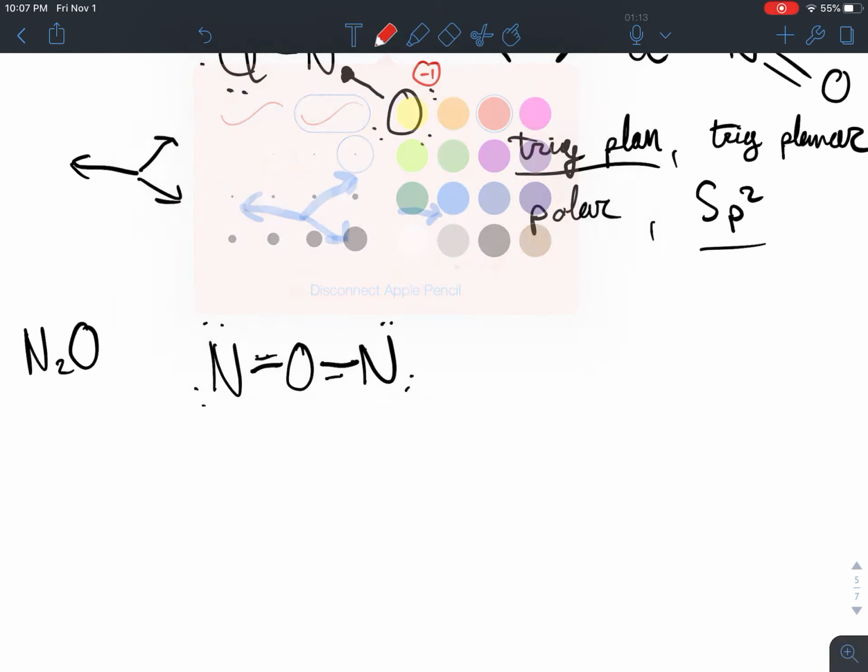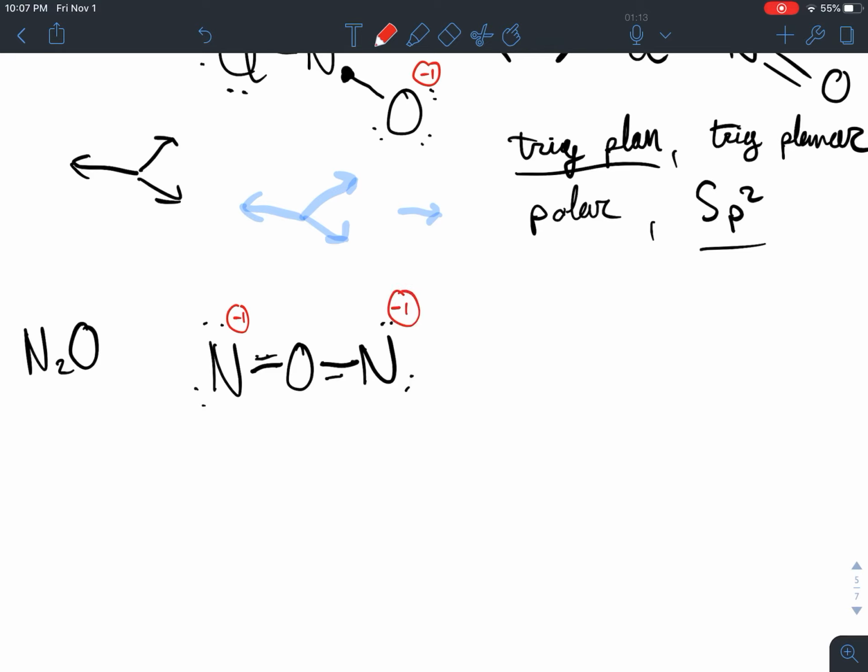But then you ask yourself, what's the formal charge of all this? Nitrogen wants 5. It has 6, so -1. -1 on the other nitrogen. And what's the formal charge on oxygen? It wants 6. It has 4 from each single bond. So it's +2.